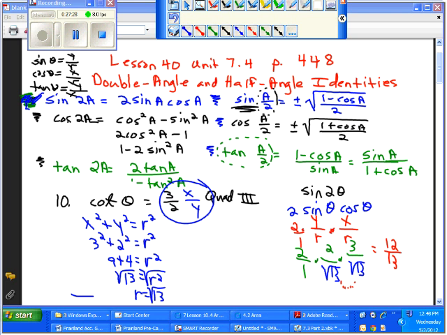We're dealing with sine. The original angle was in quadrant 3. If you double it, you could try to figure out where that is going to be, and then try to deal with the signs from there.